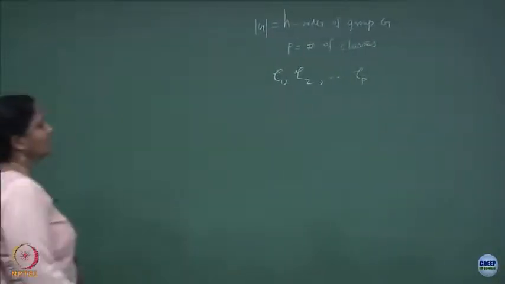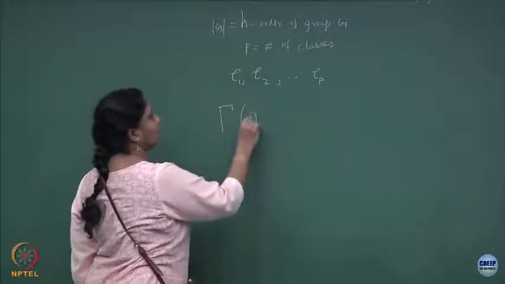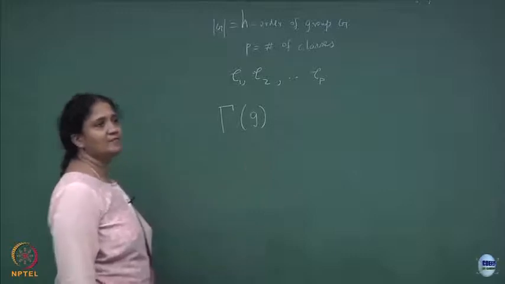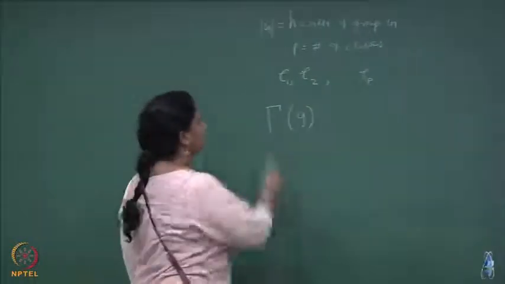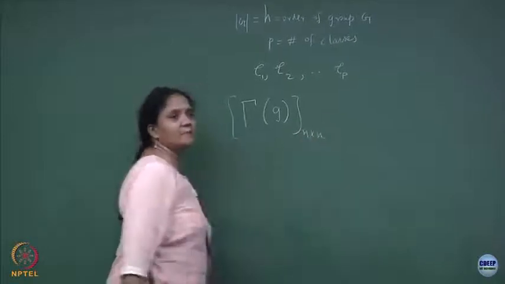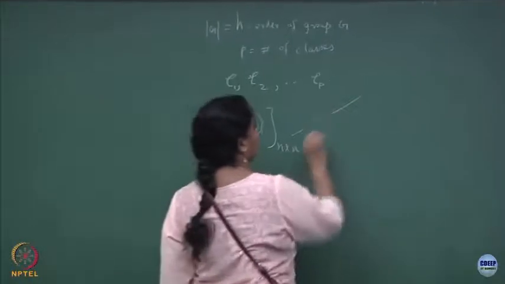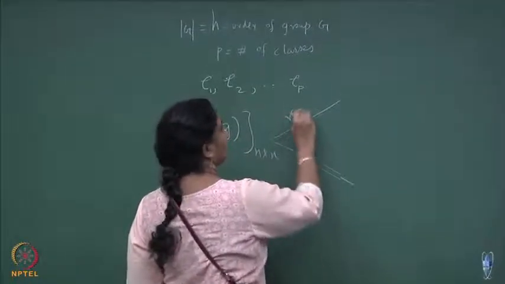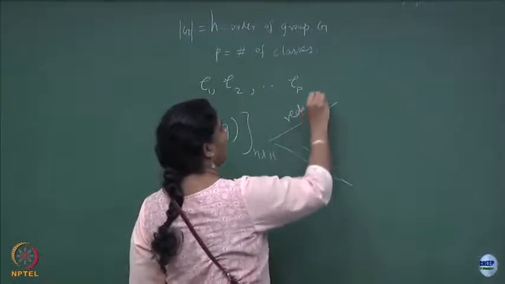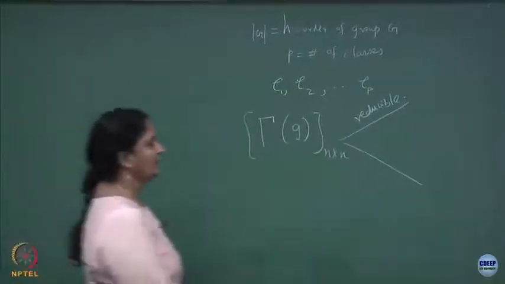And then I also said that we will use gamma of G as a representation. Typically, it could be an n cross n matrix representation, and this will be of two types. It could be reducible, and it could be irreducible.